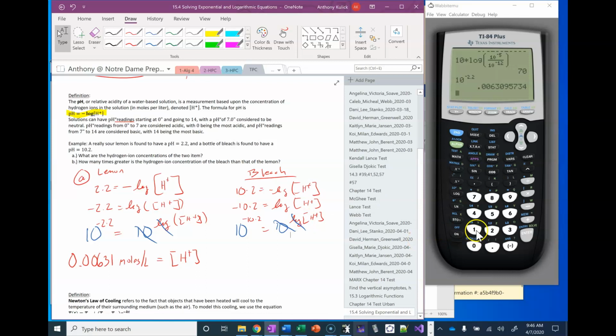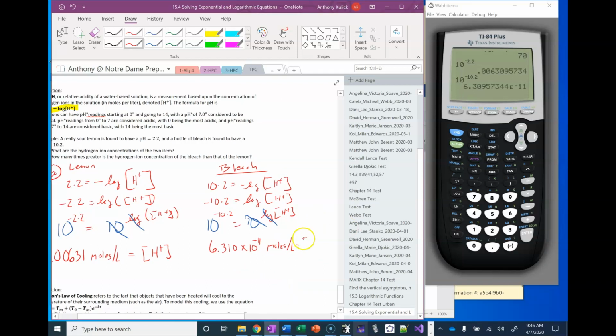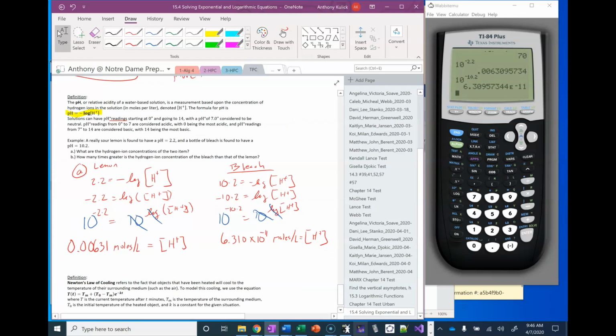Now go to my calculator and just do 10 to the negative 10.2. That gives me 6.310 times 10 to the negative 11 moles per liter is my concentration of hydrogen ion. So I've got to be careful. You notice the 6.3, but you got to see at the end that's scientific notation.